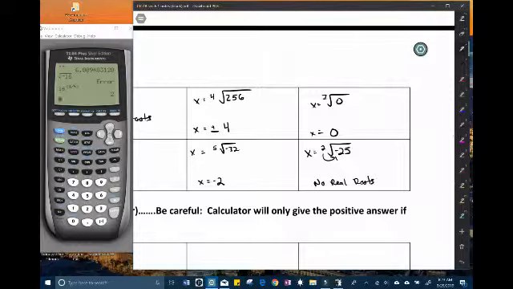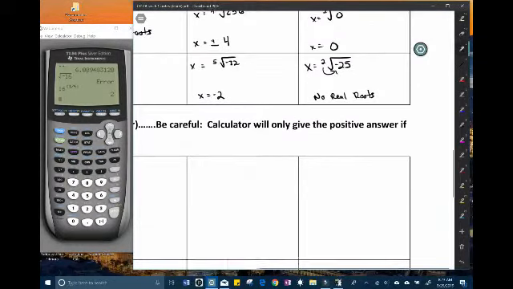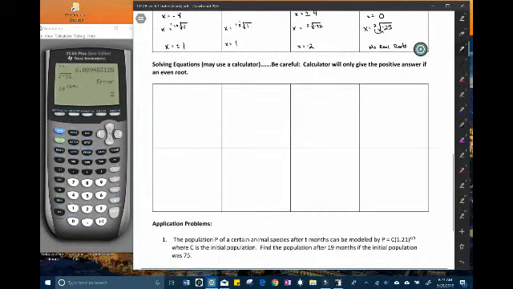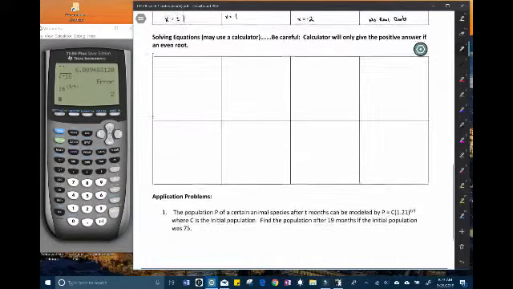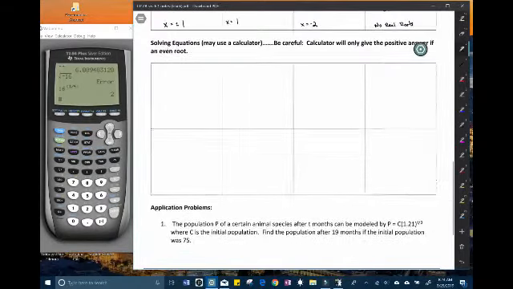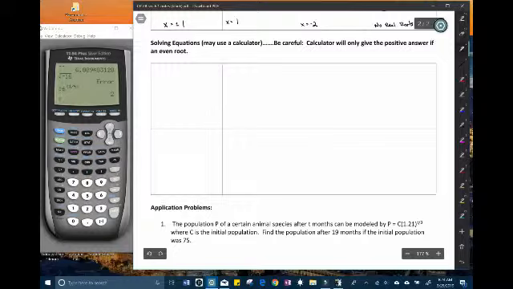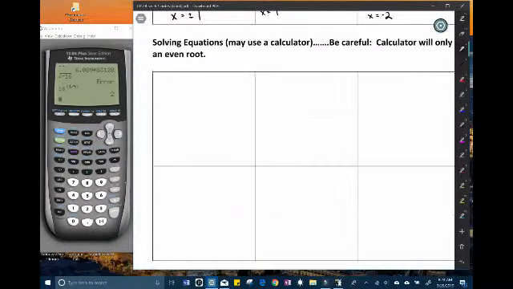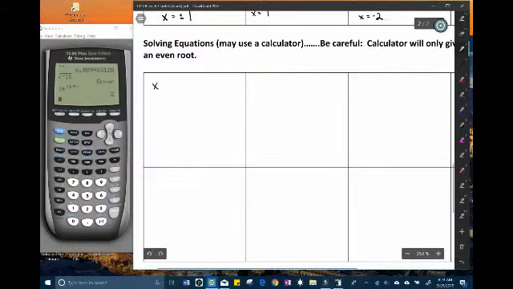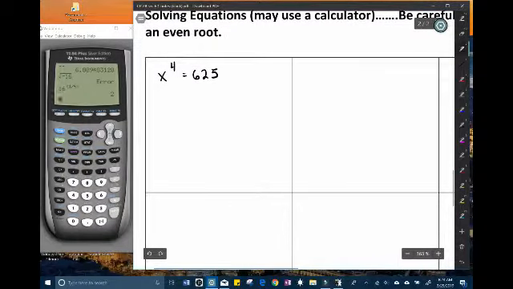Now, the last little challenges here are solving. You can use a calculator for these, but it'll only give an answer if it is an even root. So let's just go through some examples. Basically, if we had to find x to the 4th is equal to 625, in order to get rid of the 4th power, you're going to take the 4th root of each side.